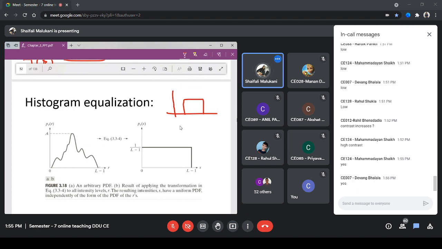You studied now. Okay. So in that, if the span is A to B, then your possible values are from A to B. What is the probability of occurrence of each intensity?